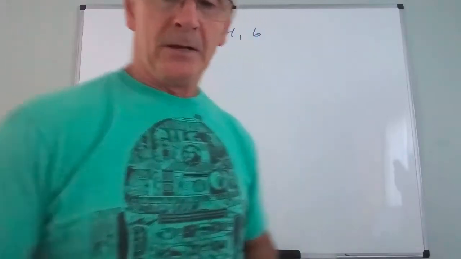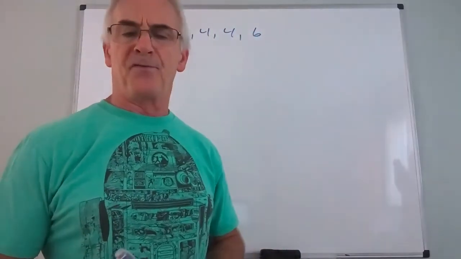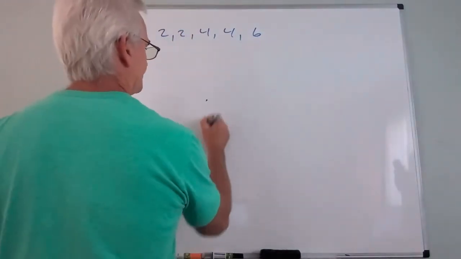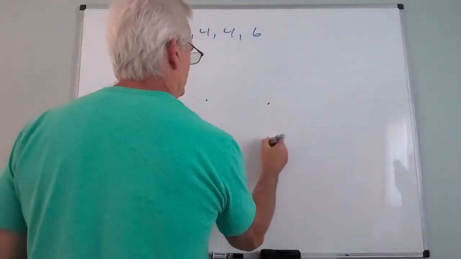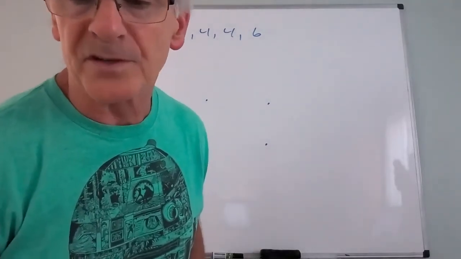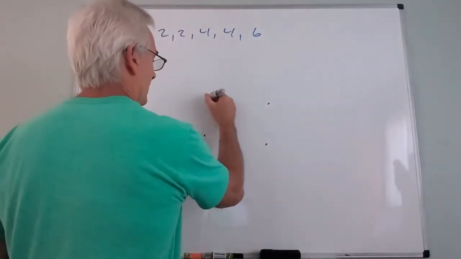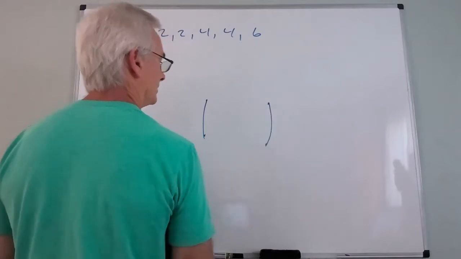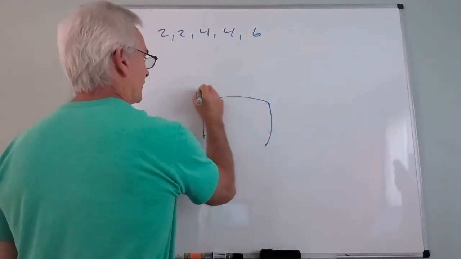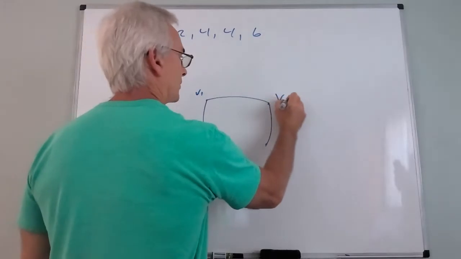Okay. Now, I want to draw a graph with 4 vertices and a bridge. Did I give you anything else? 4 vertices. Okay. Let's start simple. So V1, V2, V3, V4.